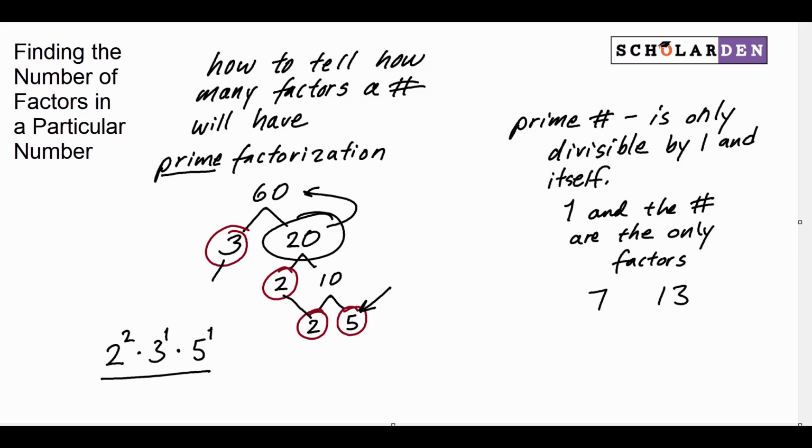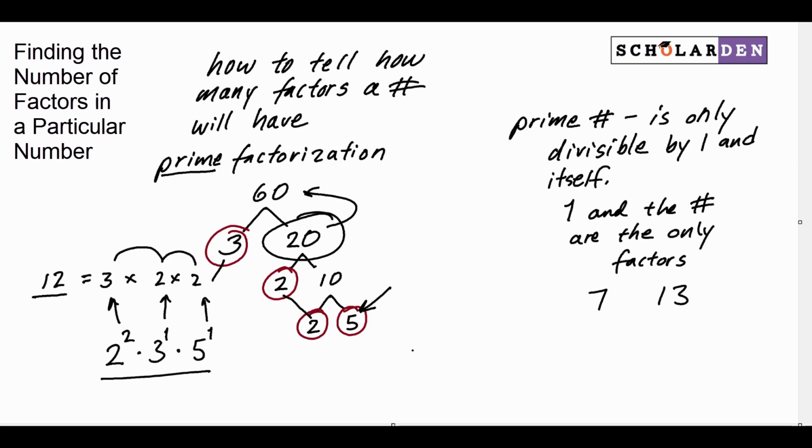So the way you get the number of factors, you add 1 to each exponent. So 2 plus 1 is 3, 1 plus 1 is 2, 1 plus 1 is 2, and then you multiply those together. So 2 times 2 is 4 times 3 is 12. 60 has 12 factors.